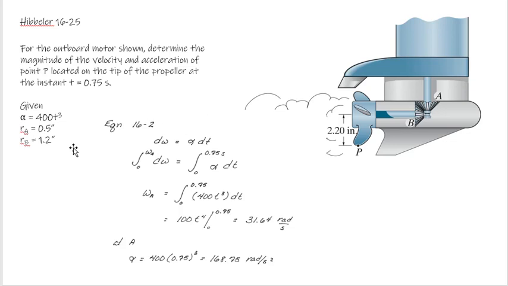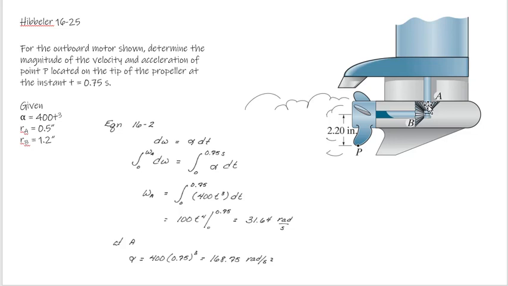So this time we're going to use a slightly different approach. We're going to look at our change in angular velocity as it's related to time, not to angle, because that's what we had done previously. And we're going to go ahead and evaluate that at our given time. And so we can get our angular velocity of A and our angular acceleration of A. And then we know what we're going to have to do next.